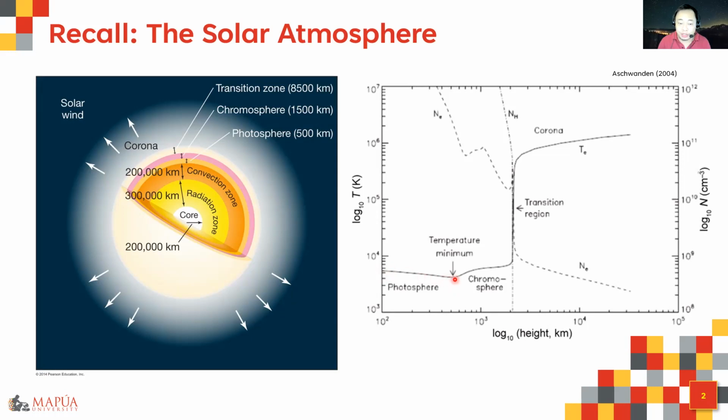After the minimum temperature, the temperature above the sun increases slightly until levels similar to the surface of the sun. We call that the chromosphere. Then there is a sharp transition region wherein the temperature gradient is very steep before it goes to the solar corona. So we have the photosphere, chromosphere, transition zone, and the solar corona.